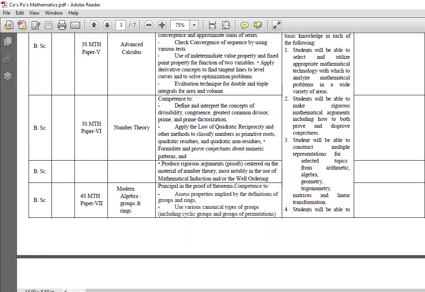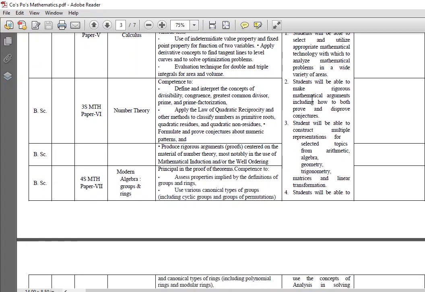Mathematics is a truth because it is proved or disproved. Students will be able to construct multiple representations for selected topics. You can represent a problem in different ways, that is, multiple representations for a single selected topic: in the arithmetic way, in the algebraic way, in the geometric way, or in the trigonometric way, or matrices and linear transformations.